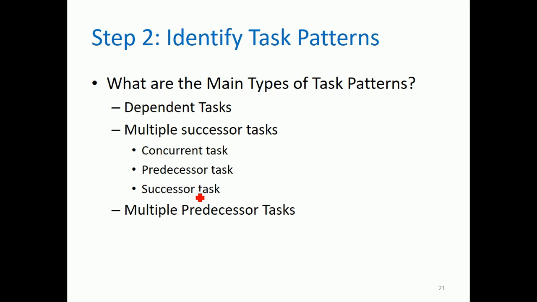And then successor task, if a task is finished, two or more tasks will start also simultaneously. And then I have already also discussed the multiple predecessor task. For predecessor task, as I've said a while ago, a task cannot start if two or more tasks are not yet finished all at the same time.